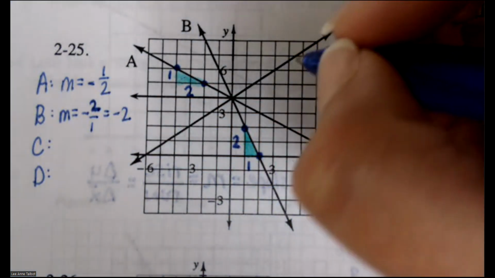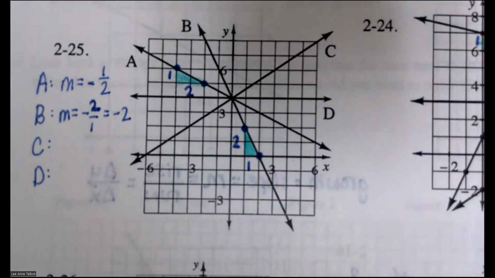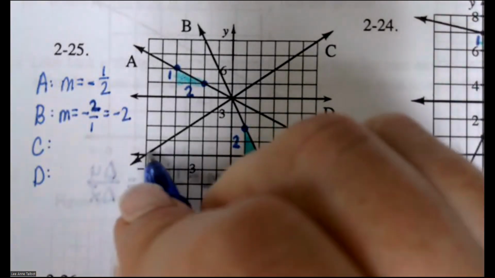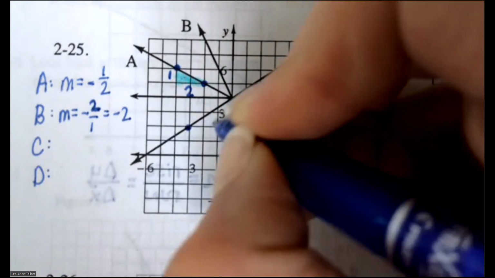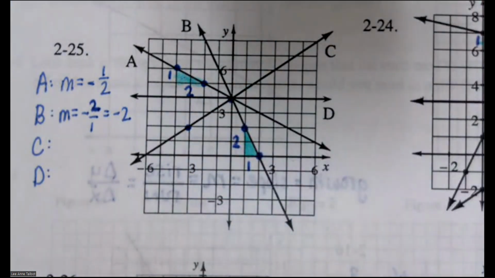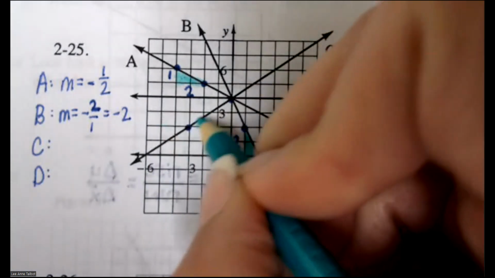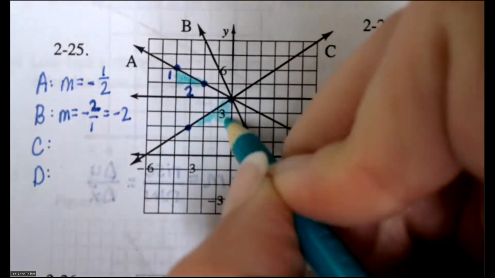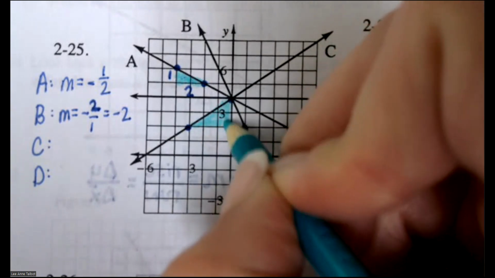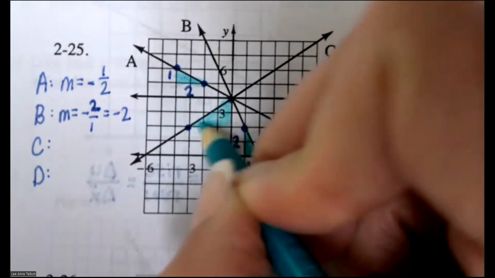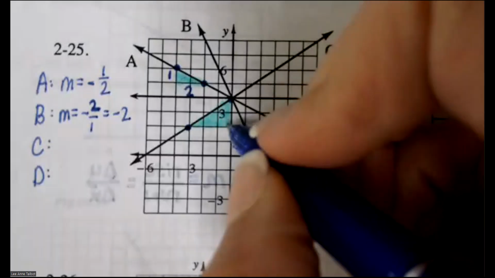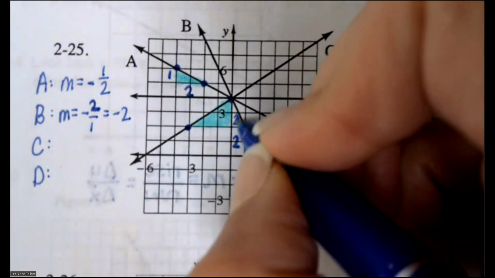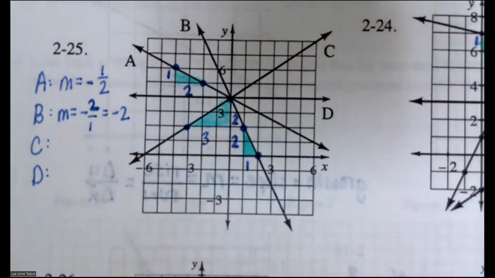C is positive, also harder to find lattice points on. Height is 2.